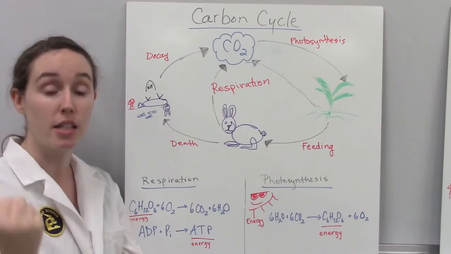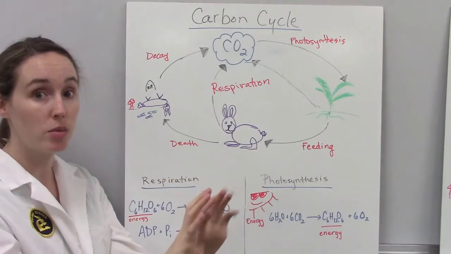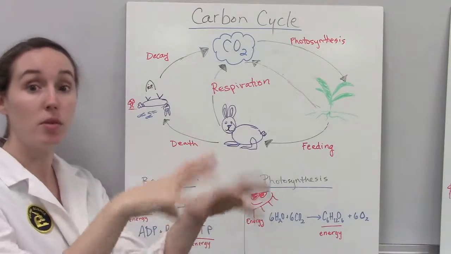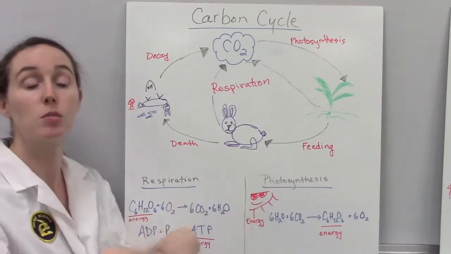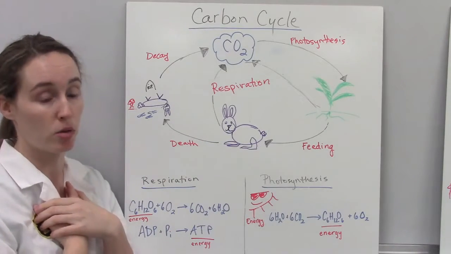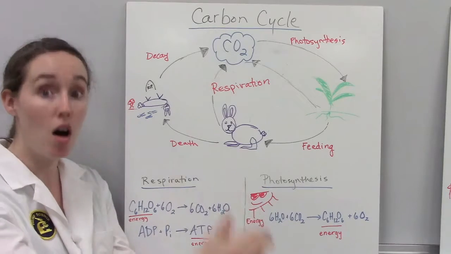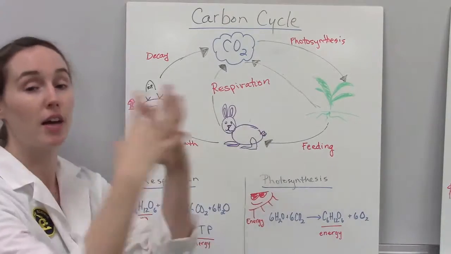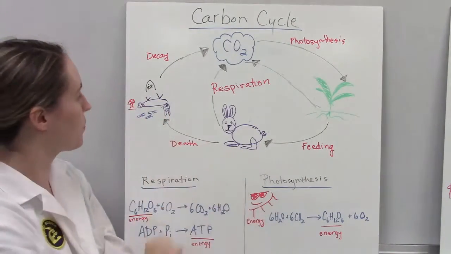We also have decomposers like bacteria and fungi that will secrete enzymes to break down the dead things, and some of those nutrients will be absorbed. The carbon that's absorbed by these decomposers will be part of making new decomposers, but decomposers also respire, so any of the carbon that they took in, they may respire out as well.